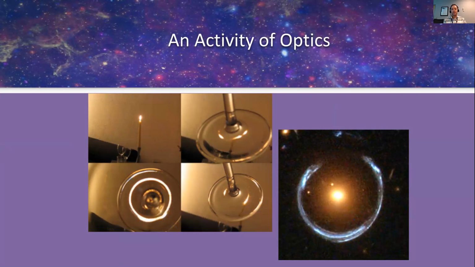In the universe, it's not glass, but it's mass that's curving space-time and causing the light to change directions, okay? Either way, it's an optical effect. It's a lensing effect, whether it's glass causing some refraction and causing light to change direction, or whether it's mass. And so you can recreate some of those optical effects that we see in these images.